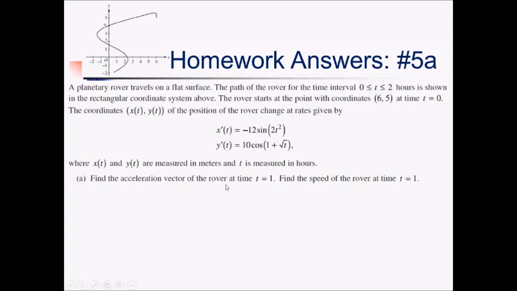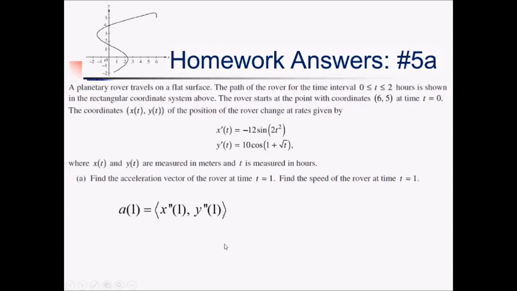To find acceleration at time 1, well, we already have x prime and y prime, which are the components of the velocity. So acceleration is just going to be the derivative of these. So we need the x double prime and the y double prime at 1 hour. And because we're just taking the derivative of these functions at a single point, we don't actually have to tell anybody what those derivatives look like.